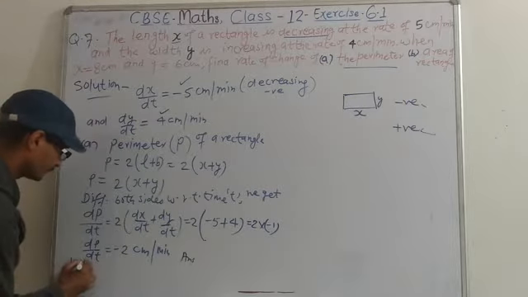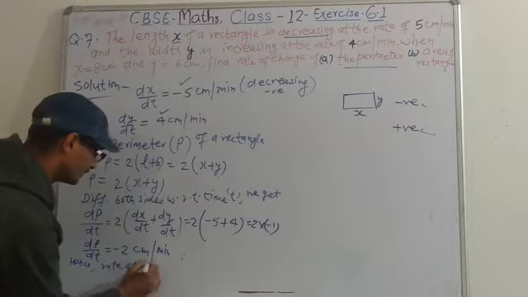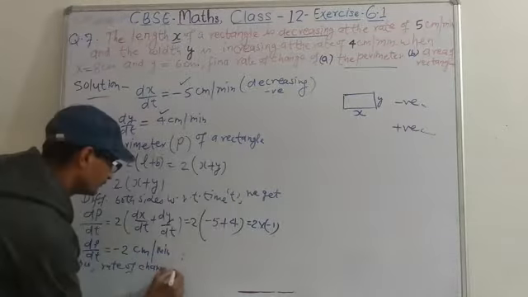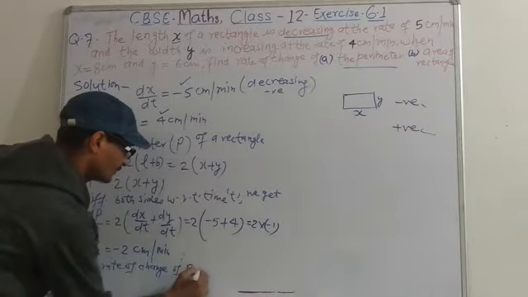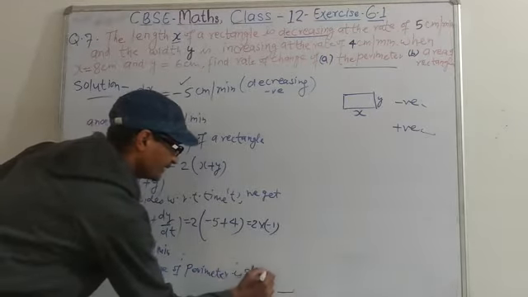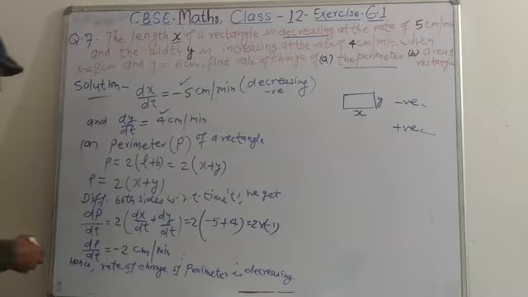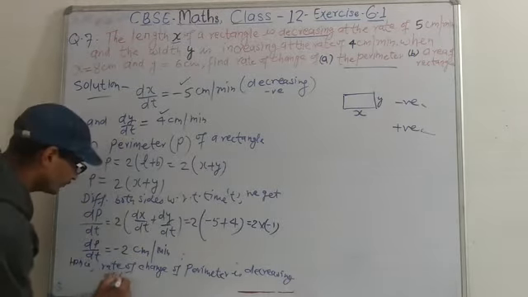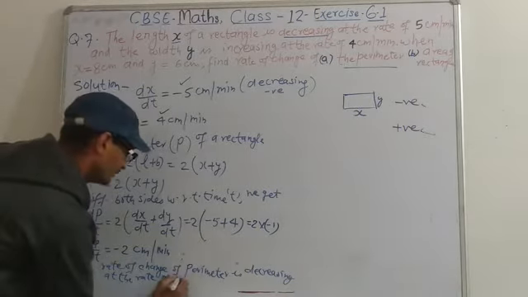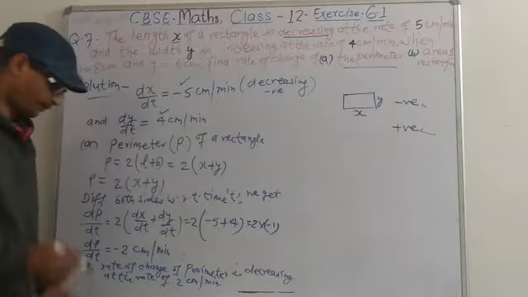And what we write here: hence rate of change of perimeter is decreasing, because the sign is negative, at the rate of 2 centimeter per minute.